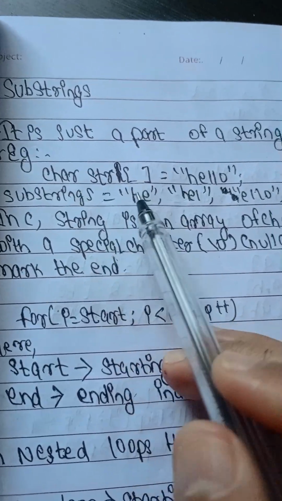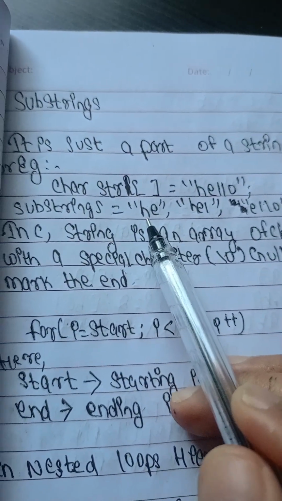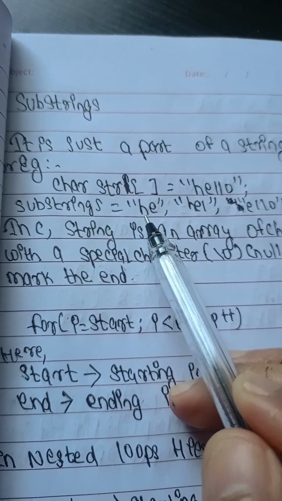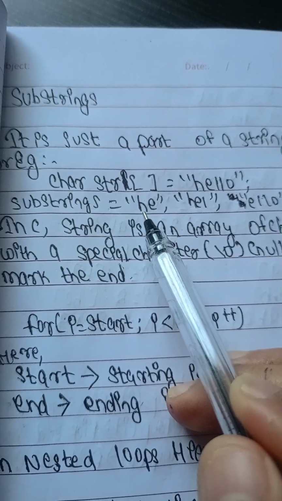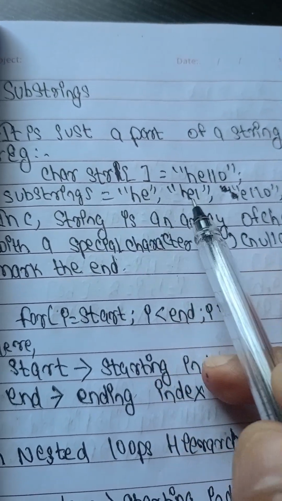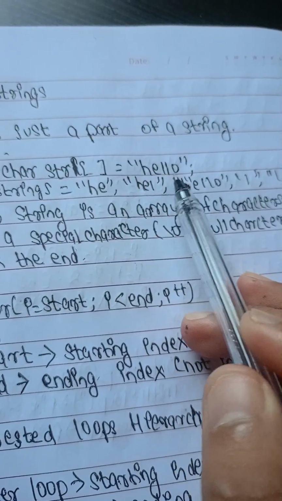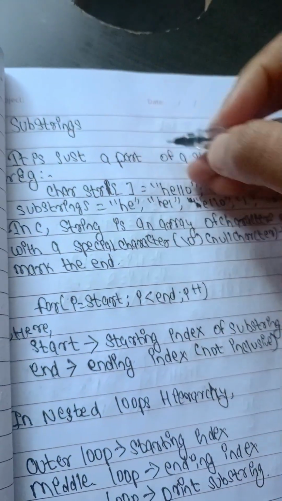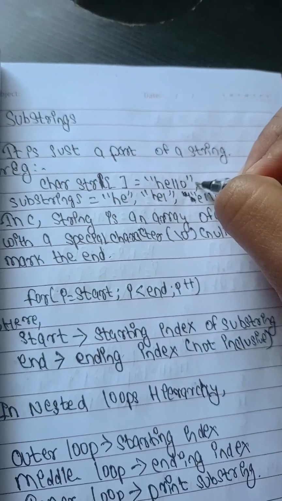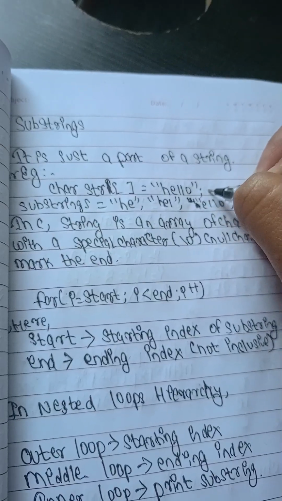For example, in hello we can print the original length and also HELELLO. So from 1 2 3 4 5 we can print up to 6 substrings.